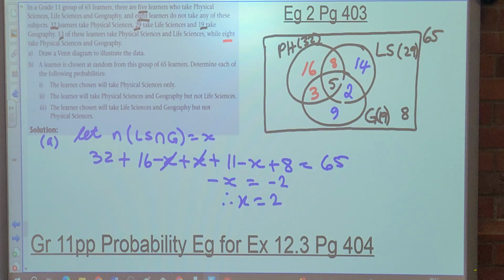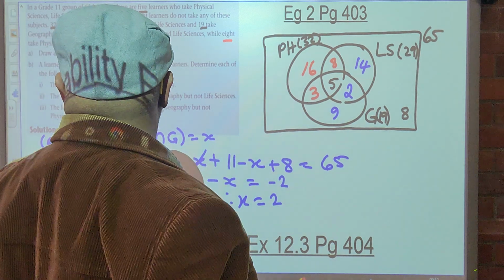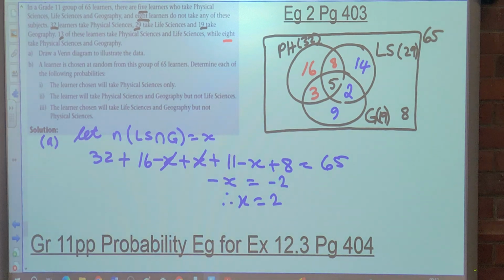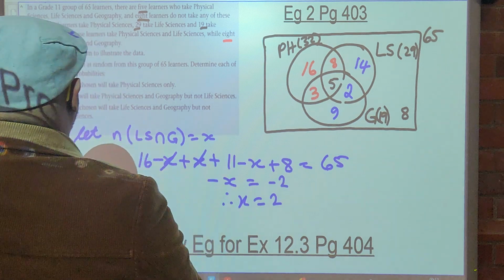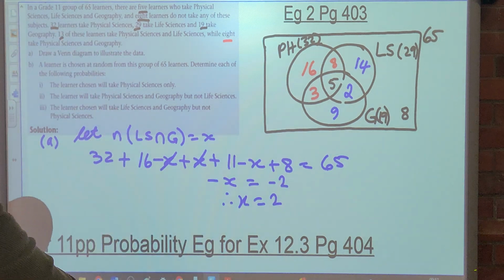Right. So let's look at the first question that follows this now. A learner is chosen at random. Okay, so A says draw the Venn diagram, and I just checked now that they didn't go all the way like we did, okay?